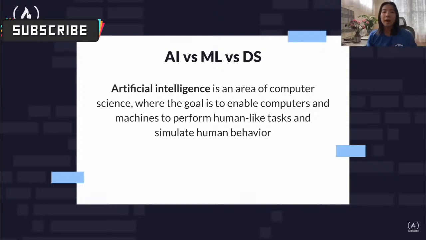So you might have heard of AI and ML and data science. What is the difference between all of these? So AI is artificial intelligence, and that's an area of computer science where the goal is to enable computers and machines to perform human-like tasks and simulate human behavior.